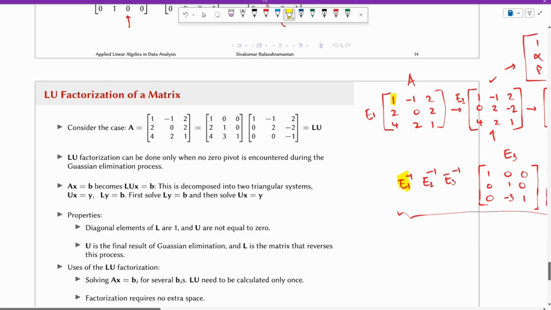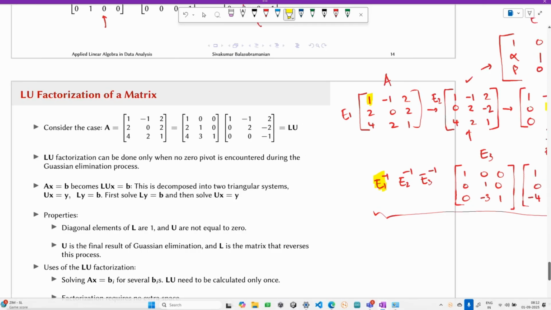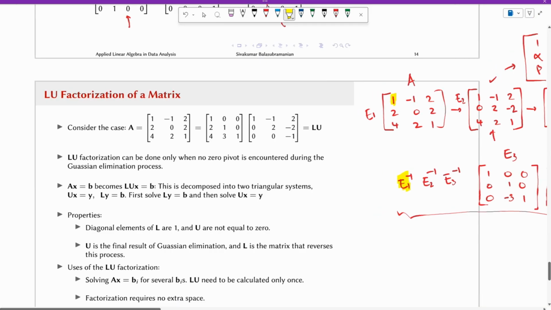Once we have the LU decomposition, it turns out you can solve Ax equals b fairly easily. You actually don't have to do any inverse operation. When we did Gaussian elimination, solving for x was easy because once you get it to the upper triangular form, what did we do to solve for x?